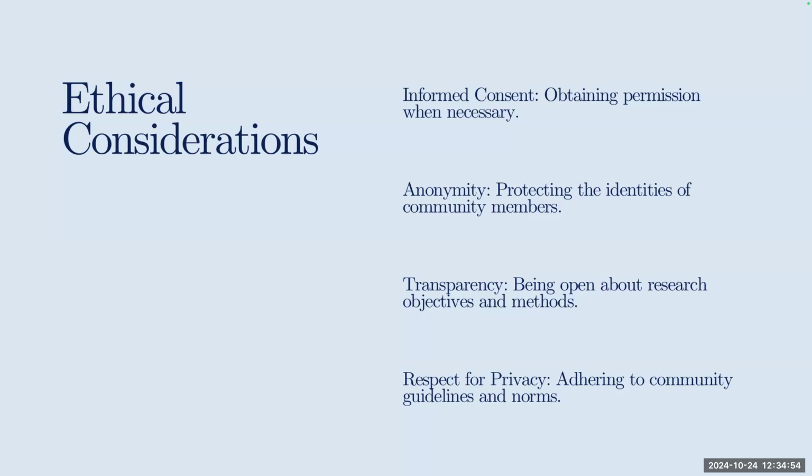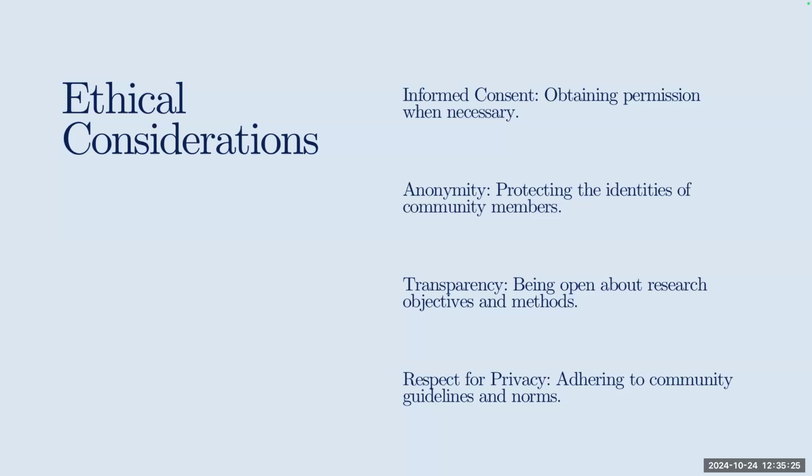So, you have to decide whether you are going to announce your presence or just remain hidden, depending on the context and the ethical guidelines. You can announce it or you can remain hidden, but you have to take a look at those ethical considerations because the stuff is already public and it's already available. You can also look at things like changing the names of the people, so that there's anonymity as well.